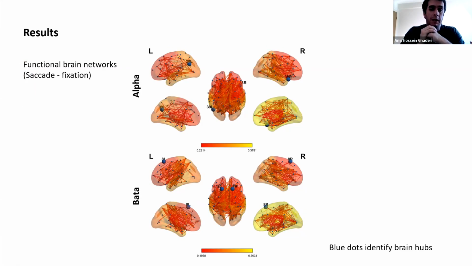In the alpha band, we found the inferior parietal cortex, Brodmann area 39, and the temporal pole, Brodmann area 38, playing the role of hubs in the network. In the beta network, we found Brodmann area 8, the frontal eye field, is involved in the saccade as a hub.